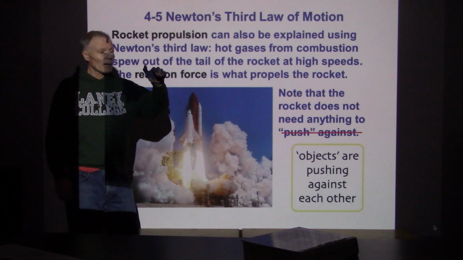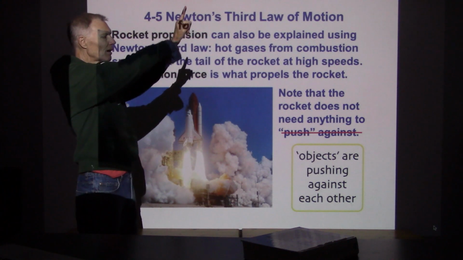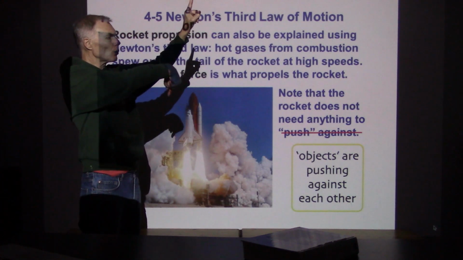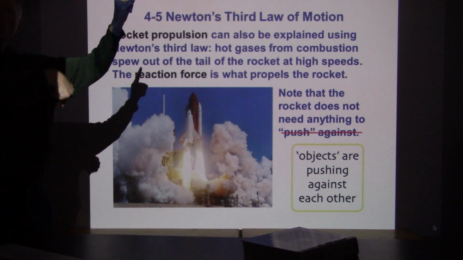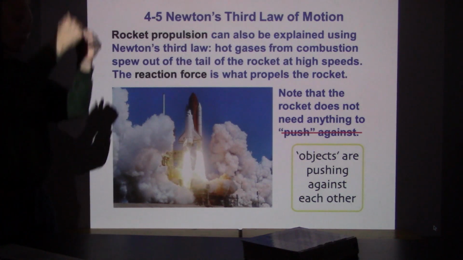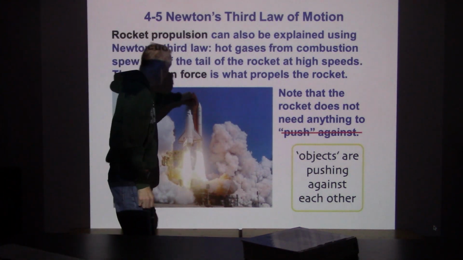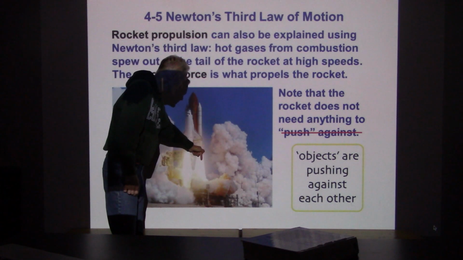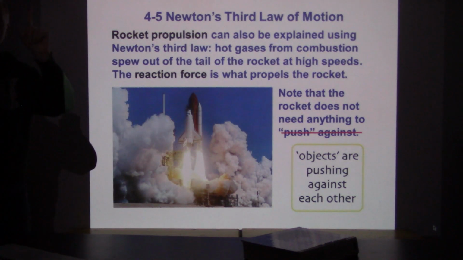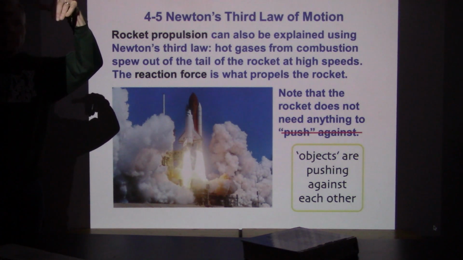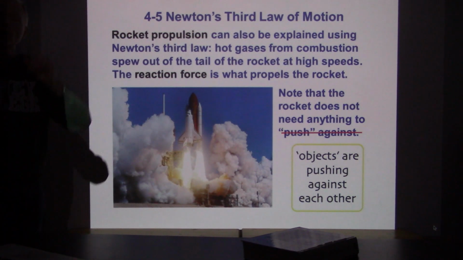Now that's part of the rocket, so these gas molecules push against it, and when they make contact, the gas molecules and the combustion chamber of the rocket engine push away from each other. So the rocket is pushing down on the gas molecules, and those gas molecules get redirected downwards, and the gas molecules are pushing upwards on the rocket, the metal combustion chamber inside the rocket engines, and that propels the rocket upwards.